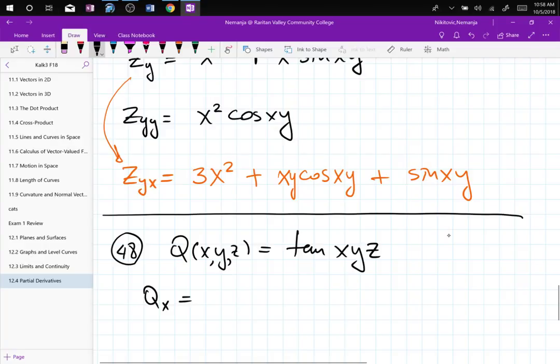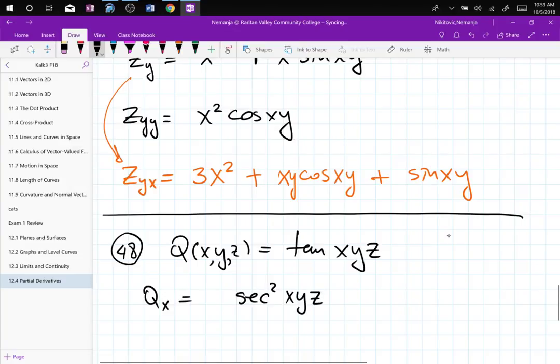Qx, I'm looking for the partial derivative with respect to x. If you recall the calculus 1 derivative for tangent, it shouldn't be an issue. What's the derivative of tangent? Beautiful, secant squared. Leave some space and write secant squared of xyz.